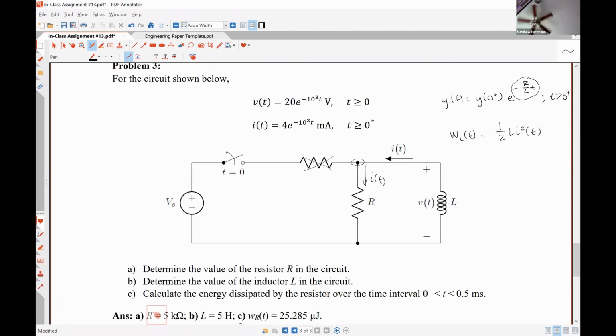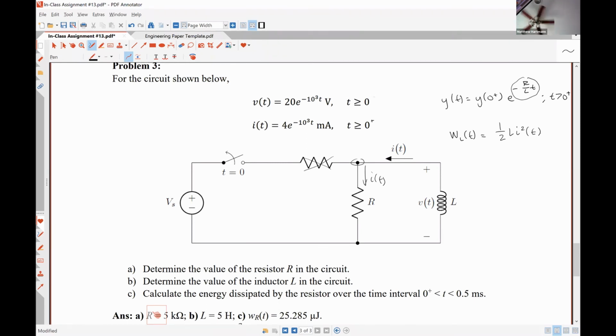If we know the energy stored by the inductor at t equal to 0 plus, and we have enough information to determine the energy stored at t equal to 0.5 milliseconds, I would argue that the amount of energy lost by the inductor has to be the same as the amount of energy absorbed by the resistor.